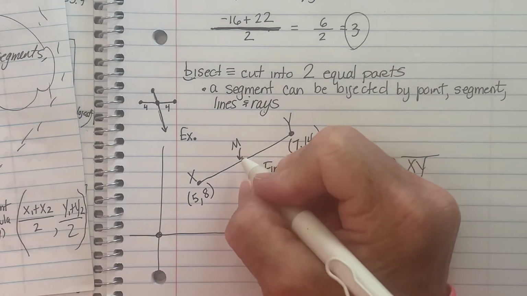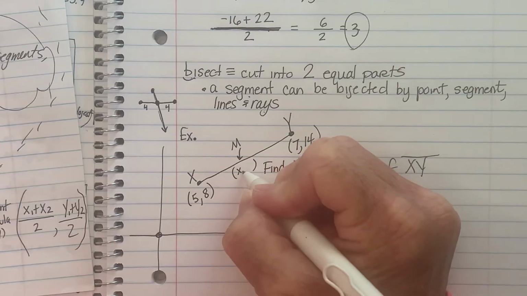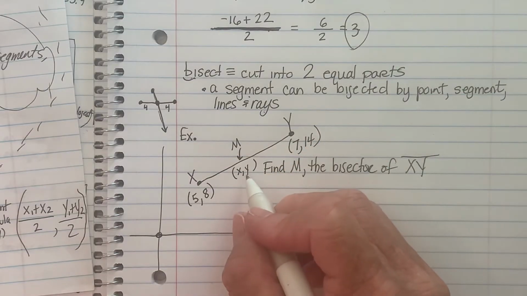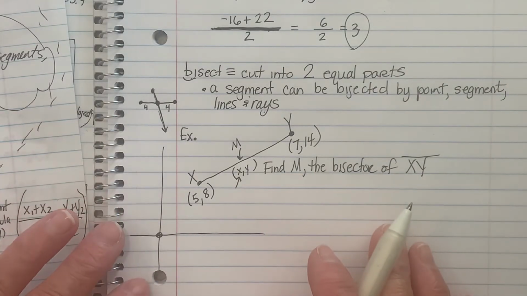Because M is also on this diagonal, we're actually looking for an ordered pair. So all we're going to do is find the x value just like we would if it was on a number line.